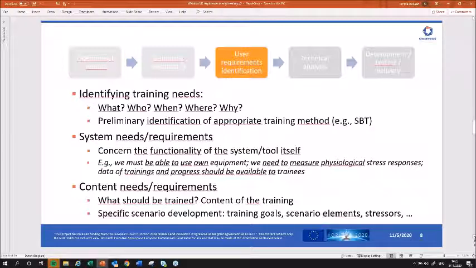Some felt that trainees should have a personal dashboard where they could review their trainings and see their progress throughout trainings. There are questions on what kind of elements the interface should have, and how can we develop our own scenarios? All these elements have to do with how the system should function, how it should operate.